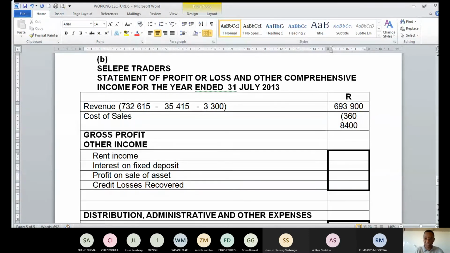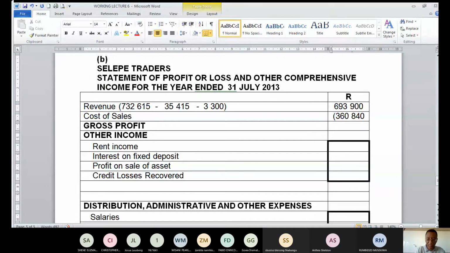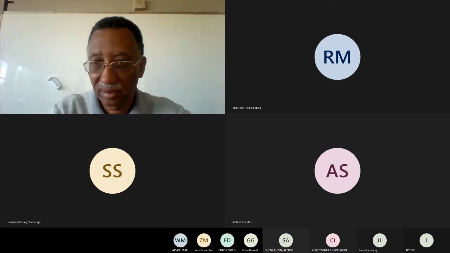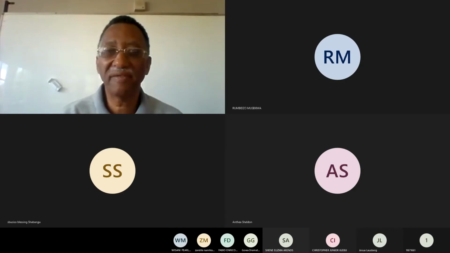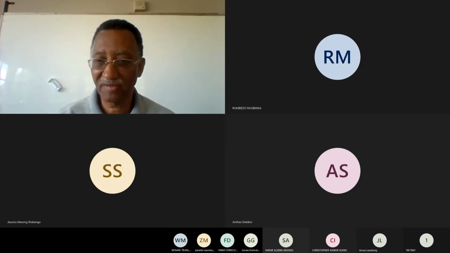That is our cost of sales, resulting in a gross profit of 333,060. Any queries there on the revenue and the cost of sales calculations?